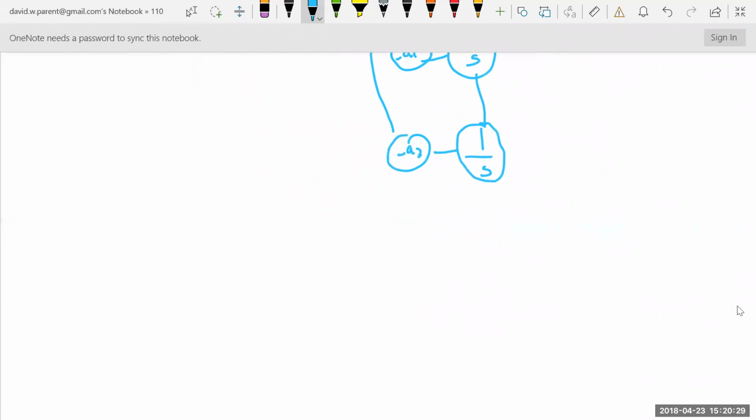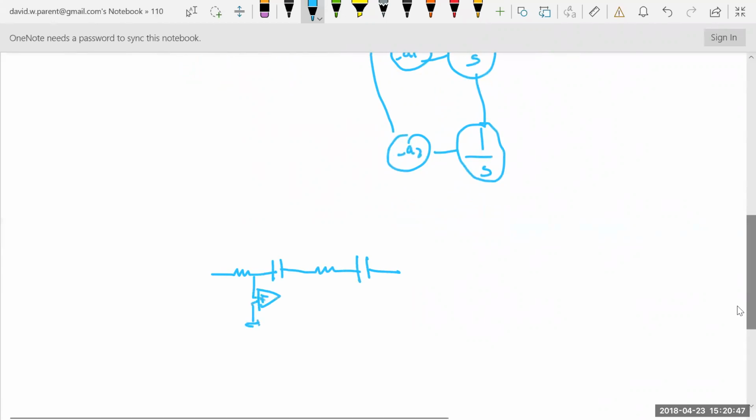But basically, there's two integrators, and I always draw the integrators first. I draw them the same way every time so that I minimize my mistakes, right?